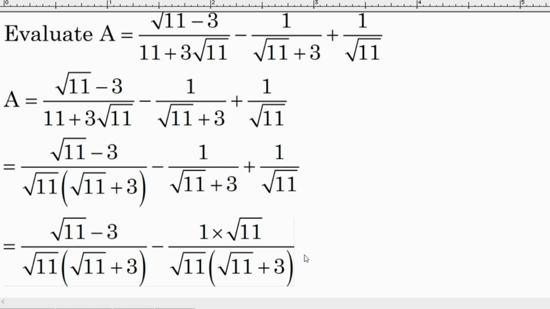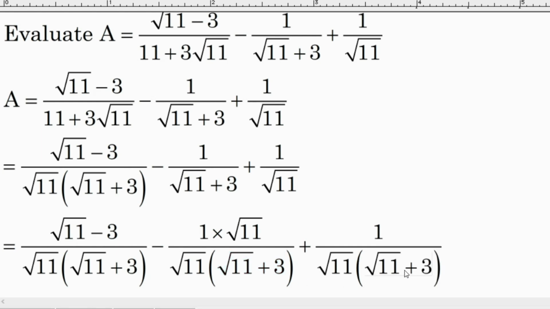And then plus 1 over square root of 11, but we don't have square root of 11 plus 3, so we need to multiply by square root of 11 plus 3, and the numerator also has to be multiplied by square root of 11 plus 3.